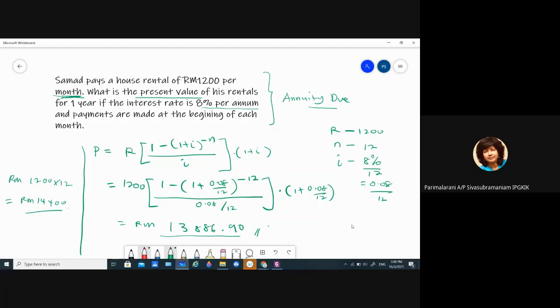That means the landlord will be getting much more than 14,400 at the end of 1 year, and today's value of that is this much. That means he's actually paying more than today's value.